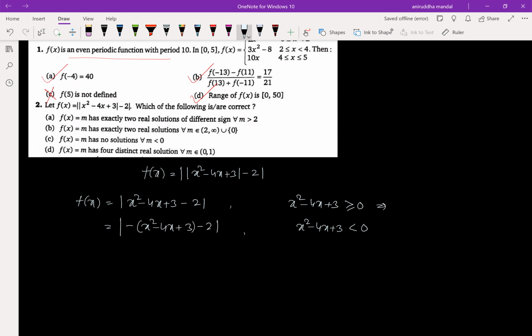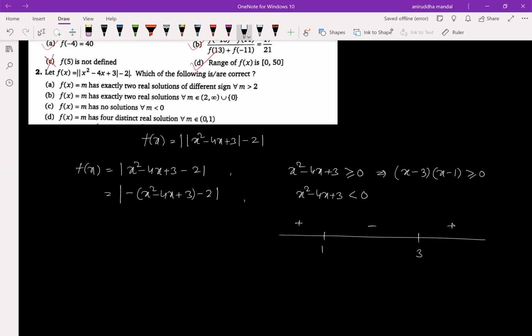So we solve for x. This is (x minus 3)(x minus 1). We have two roots, which means it is positive, negative, and positive. So it is positive beyond 3 and also positive less than 1, and in between 1 and 3 it is negative.